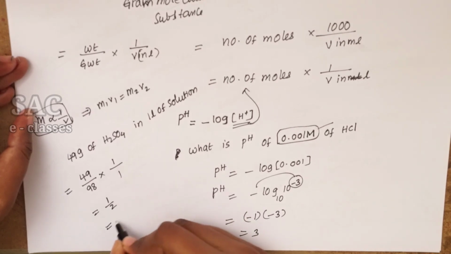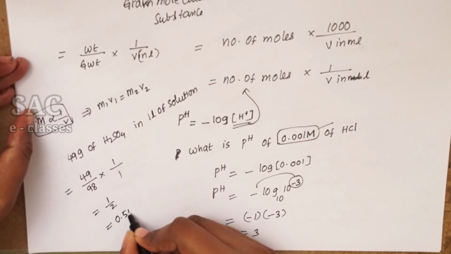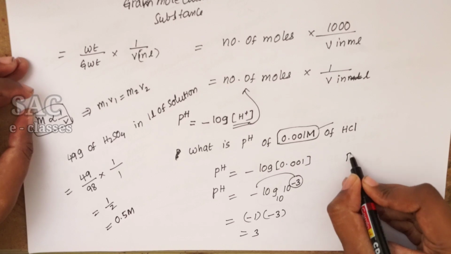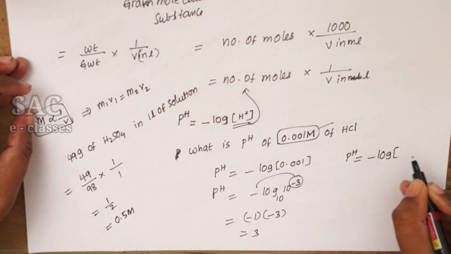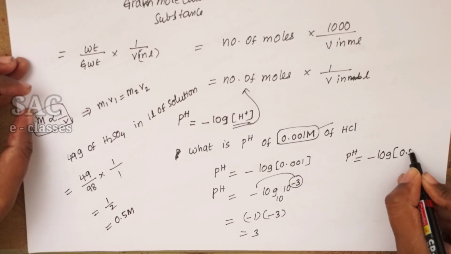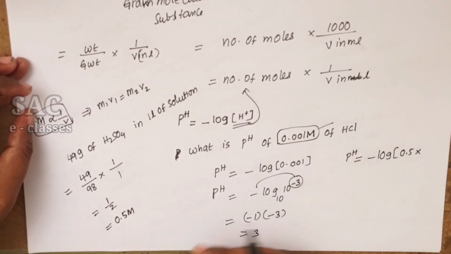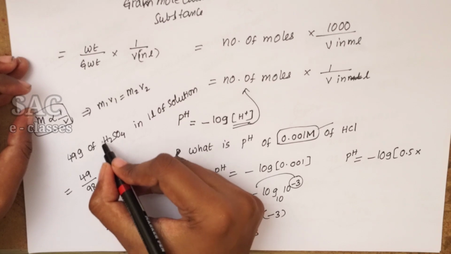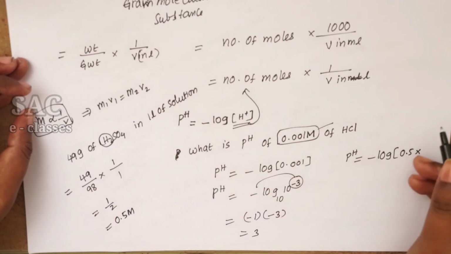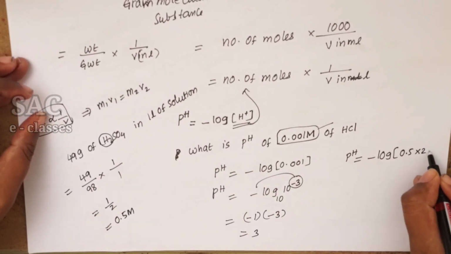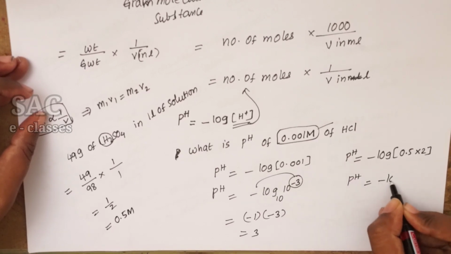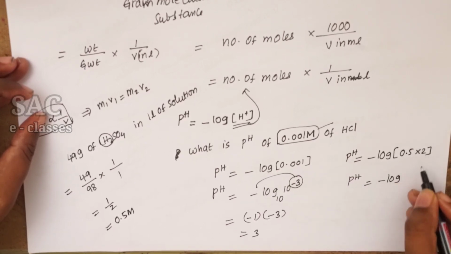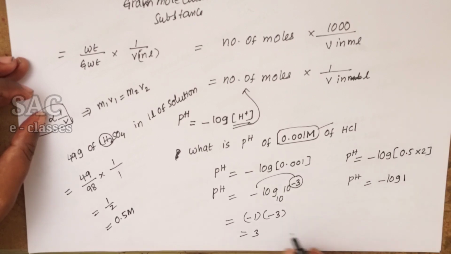So molarity is 0.5 molar. Now pH is equal to minus log of the H plus ion concentration, 0.5. But if you observe, how many H plus ions are related in H2SO4? 2. That's why multiply with 2. pH equals minus log of 0.5 into 2, which is equal to 1.